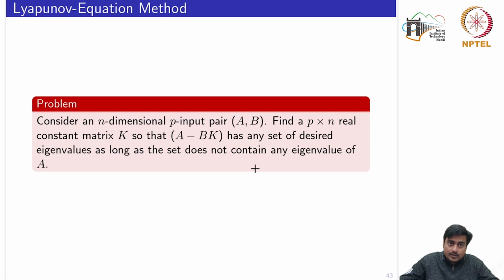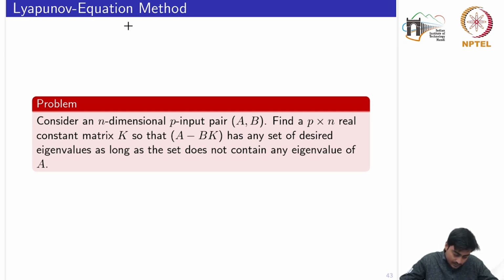So the eigenvalue assignment approach cannot be applied for the multivariable case to synthesize the gain matrix K. But in the Lyapunov equation method, we do not require the inverse of the controllability matrix, but the inverse of some other square matrix, and we will see whether that method applies directly for the multivariable case.